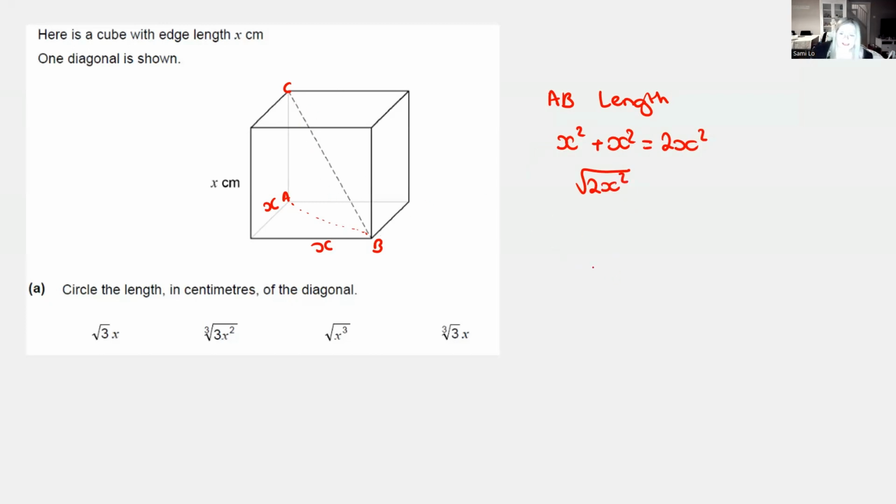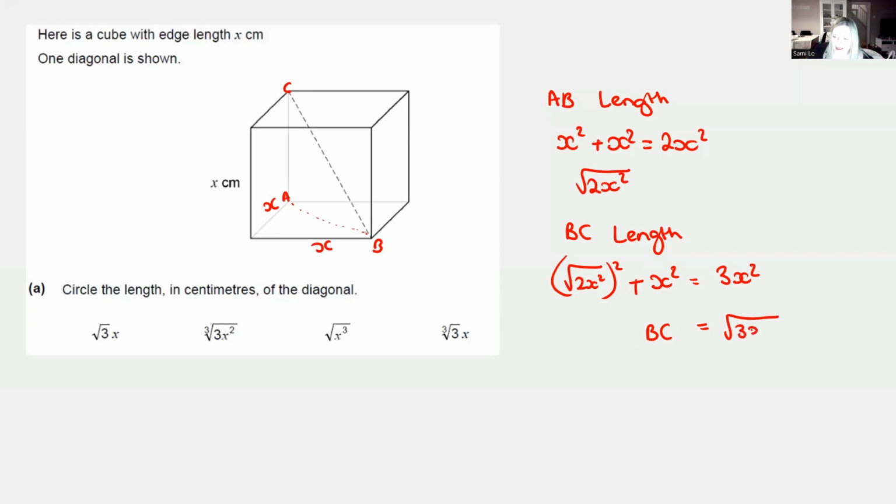And then BC length would be the square root of 2x squared, plus x squared, which would then give us, cancels out, so 3x squared. So our final answer, BC, would be the square root of 3x squared.